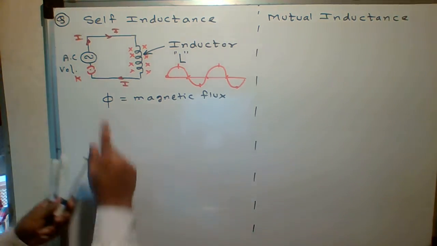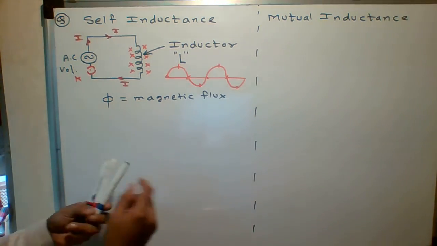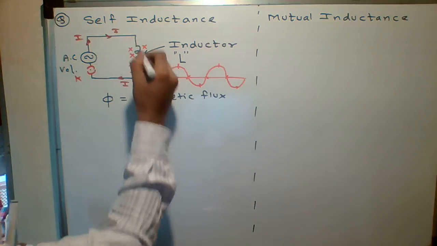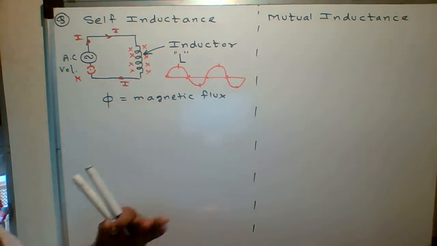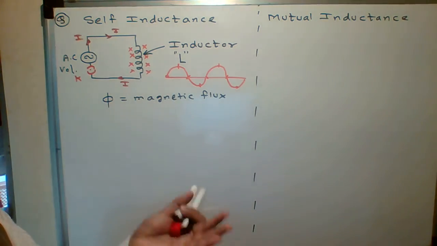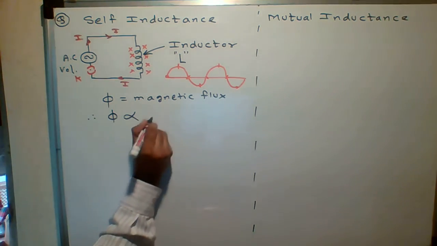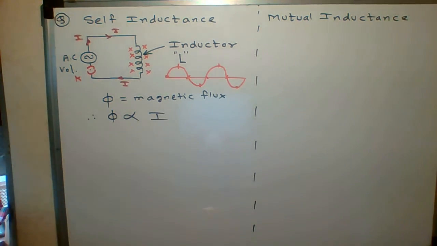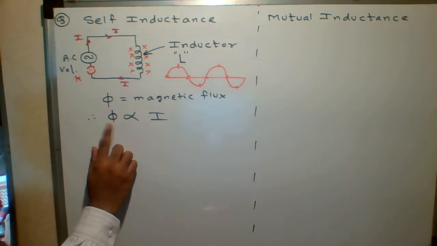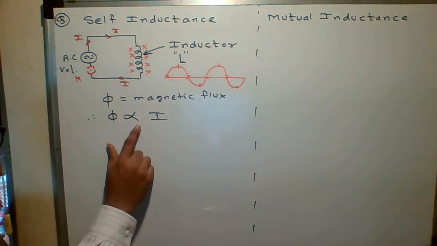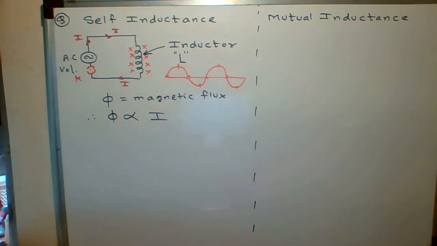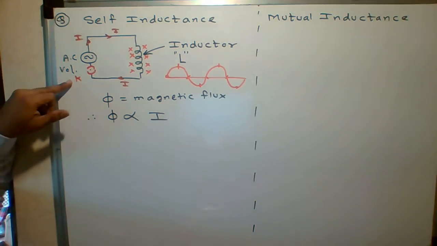If current is varying, then phi is also varying, because as current increases or decreases, the magnetic field also increases and decreases. So we can say phi is directly proportional to current, because here we use alternating voltage.